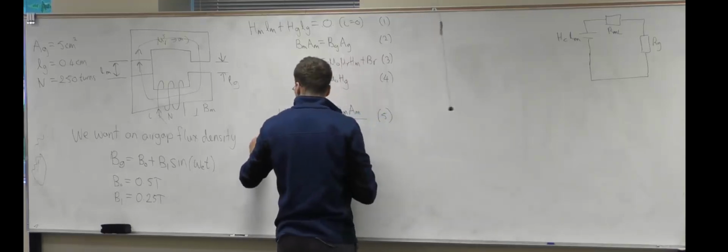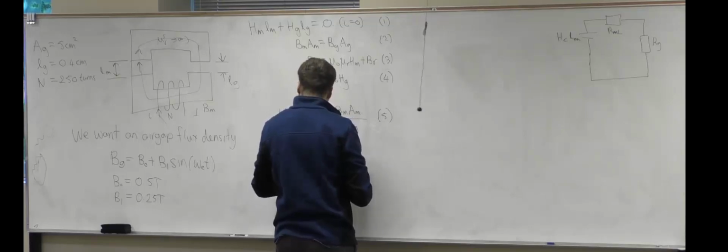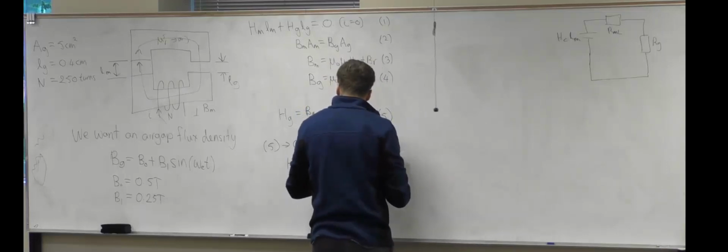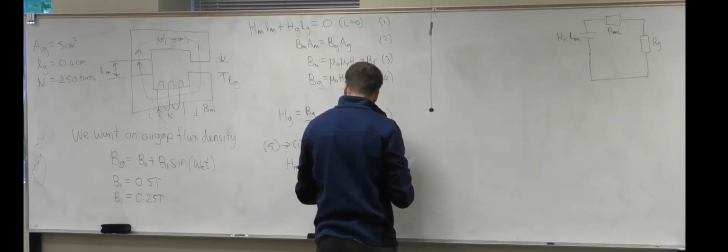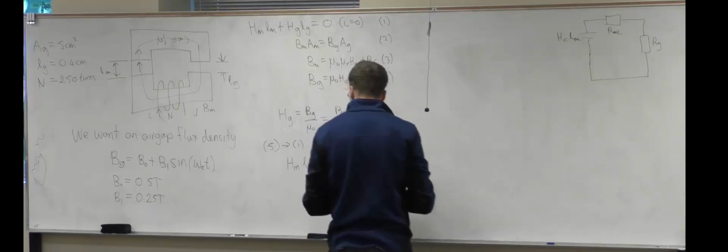So 5 into 1 gives HM LM plus BM AM LG divided by mu naught AG.